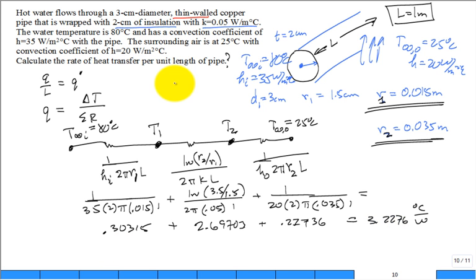For comparison purposes, this represents 9.4% of the resistance. This, because they're all in series, is 83.6%. Hey, that insulation's doing a pretty good job. It dominates the resistance. And this is 7%.